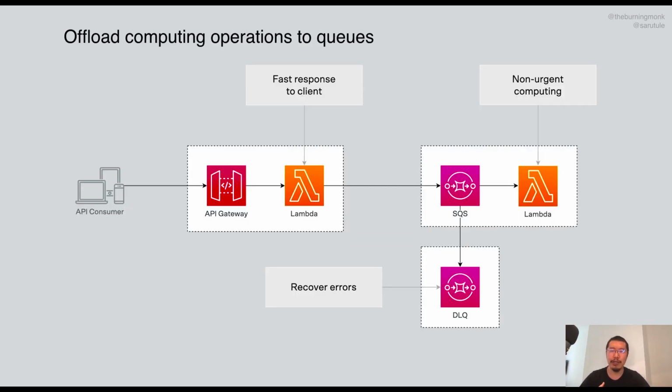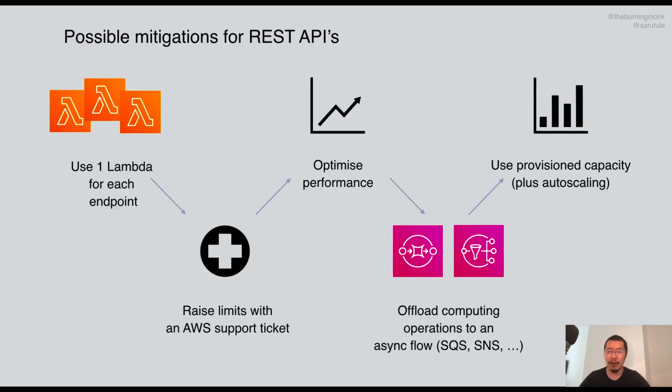We also talked about some common mitigation strategies for dealing with failure modes associated with spikes in traffic by offloading non-critical or non-urgent work into a queue and processing them in the background instead, as well as other mitigations around optimizing the performance of your function and using provisioned concurrency to avoid hitting those auto-scaling limits.